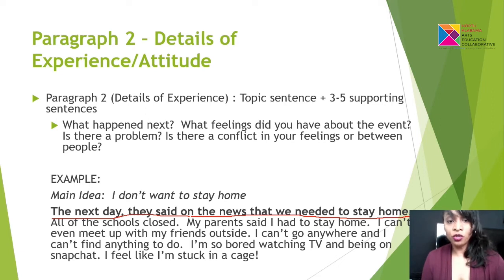So now it's your turn. What happened next in your story? What feelings did you have about the event? Was there a problem? Was there a conflict in your feelings and your emotions? Or did you have a conflict with other people? Maybe your parent told you you couldn't go outside and you wanted to argue about it, but you're not allowed to argue about it.